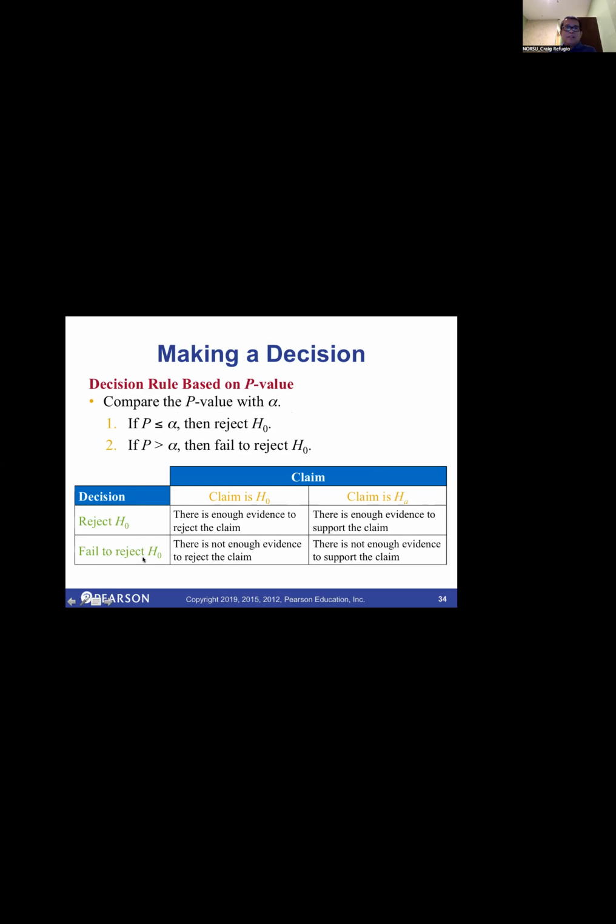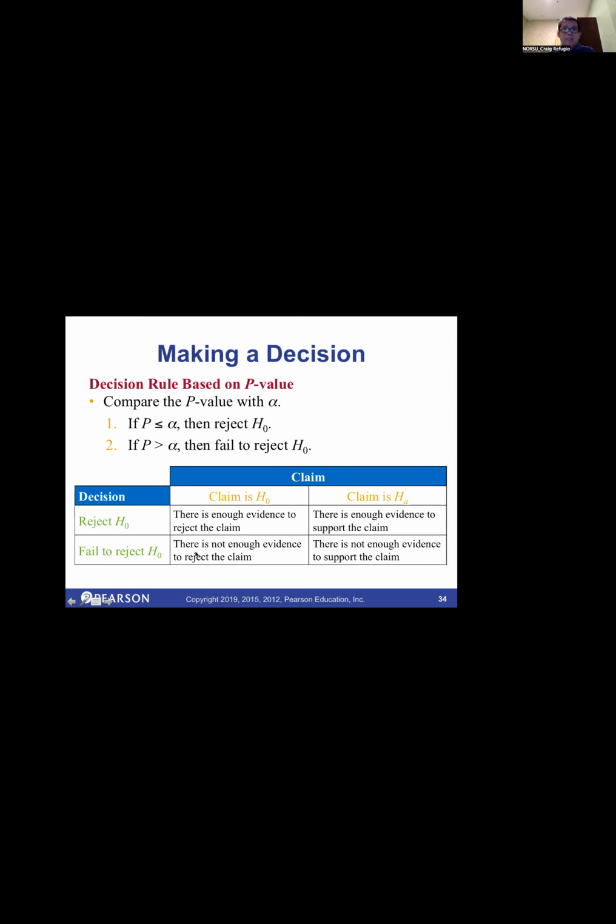Then if you fail to reject H0, there is not enough evidence to reject the claim. If you fail to reject H0, the claim is HA, then the template: there is not enough evidence to support the claim. You have to mention the claim based on the statement of the problem.